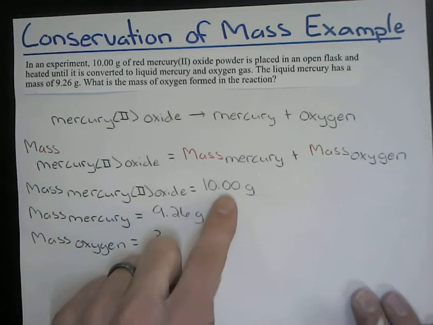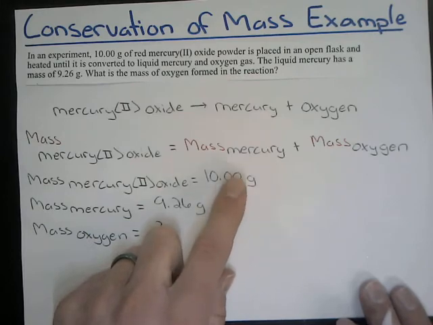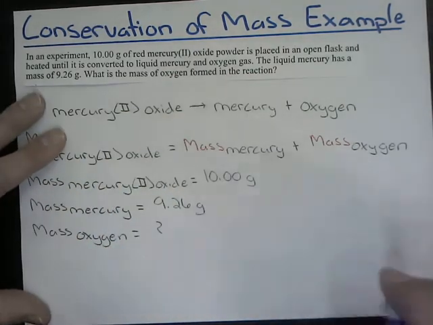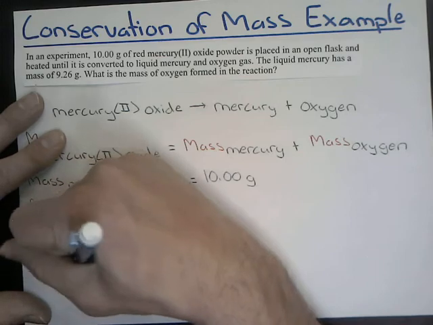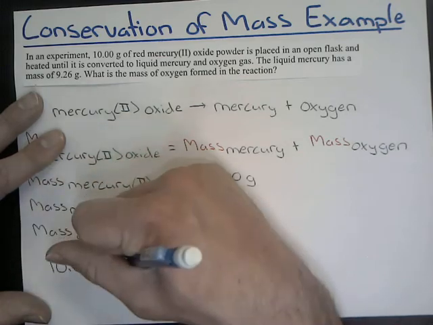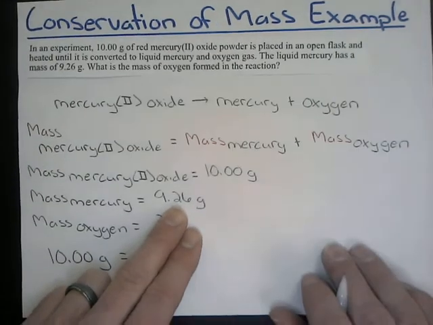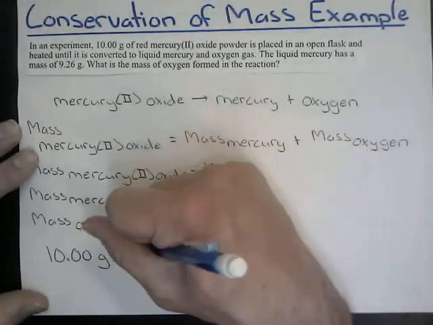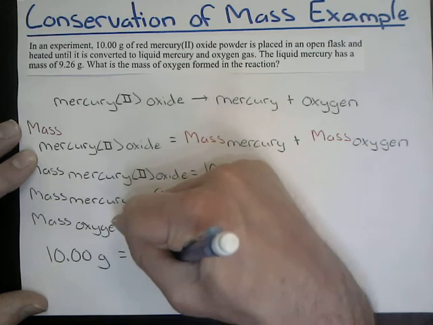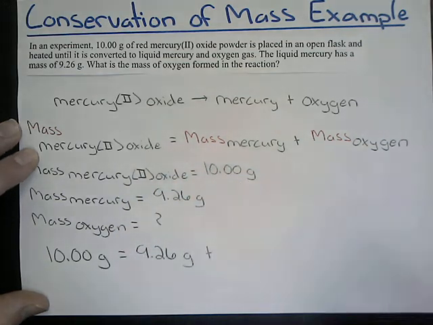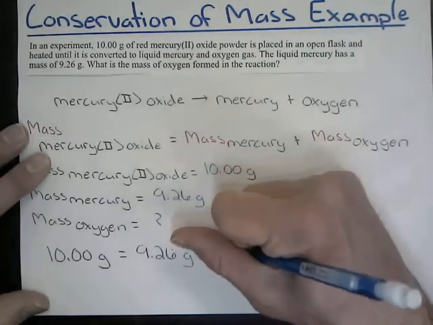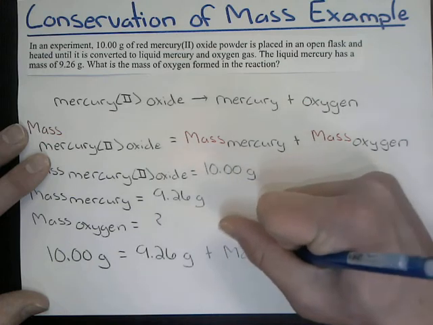So what I'm going to do is substitute the mass of known mercury 2 oxide into that position. So I'm going to have 10.00 grams equal the mass of mercury, which we just listed out as 9.26 grams, plus the mass of oxygen, which we put a big question mark because we do not know.